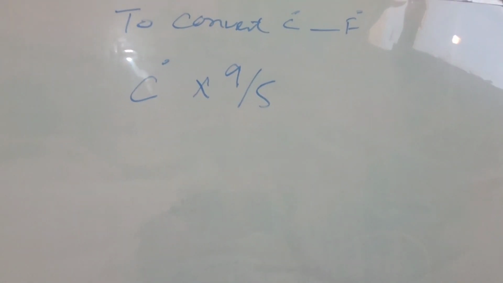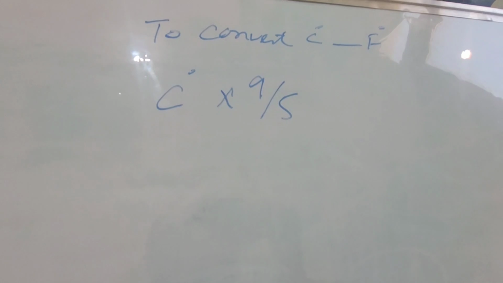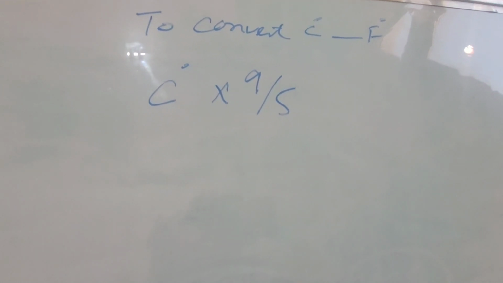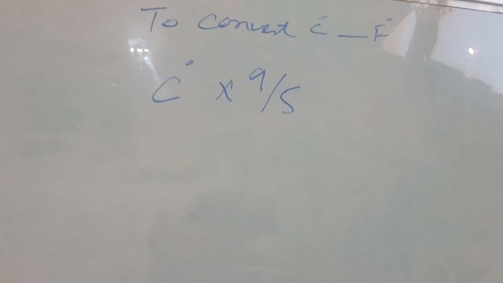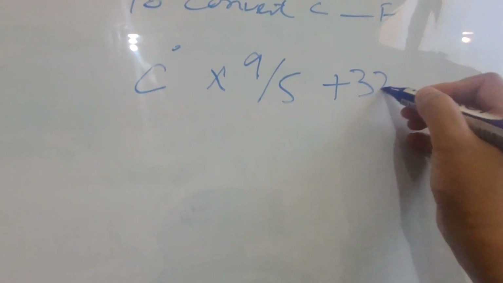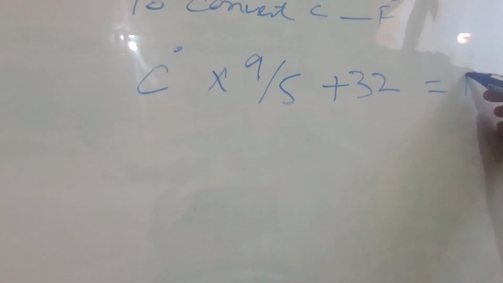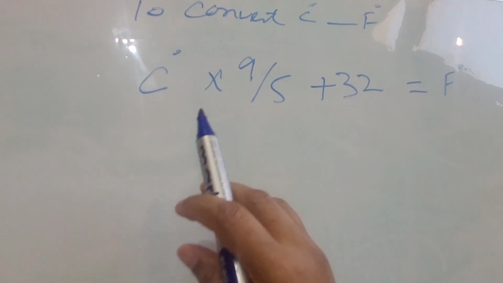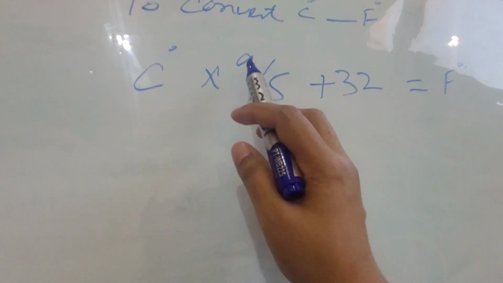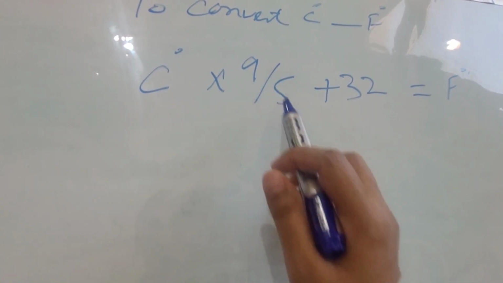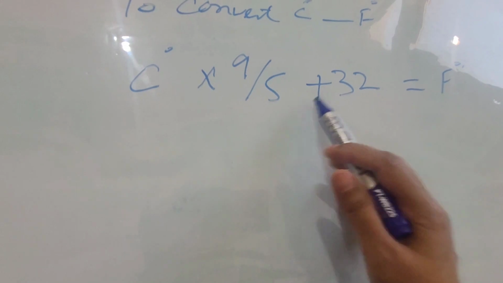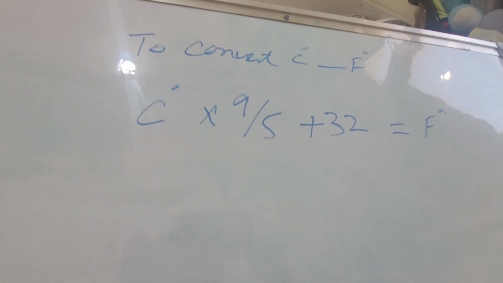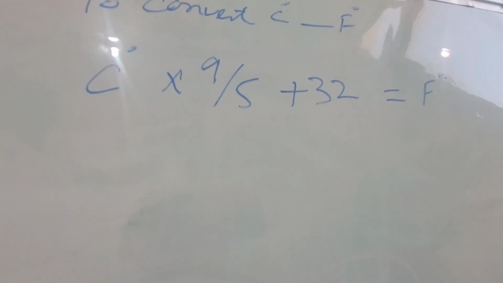In the previous, Fahrenheit to Celsius, we did 5 by 9. But here Celsius multiply by 9 by 5 plus 32. Here plus 32 equals Fahrenheit degree. So what's the difference? Note the 5 by 9 there, 9 by 5 plus 32 here. In Fahrenheit to Celsius we did minus 32.